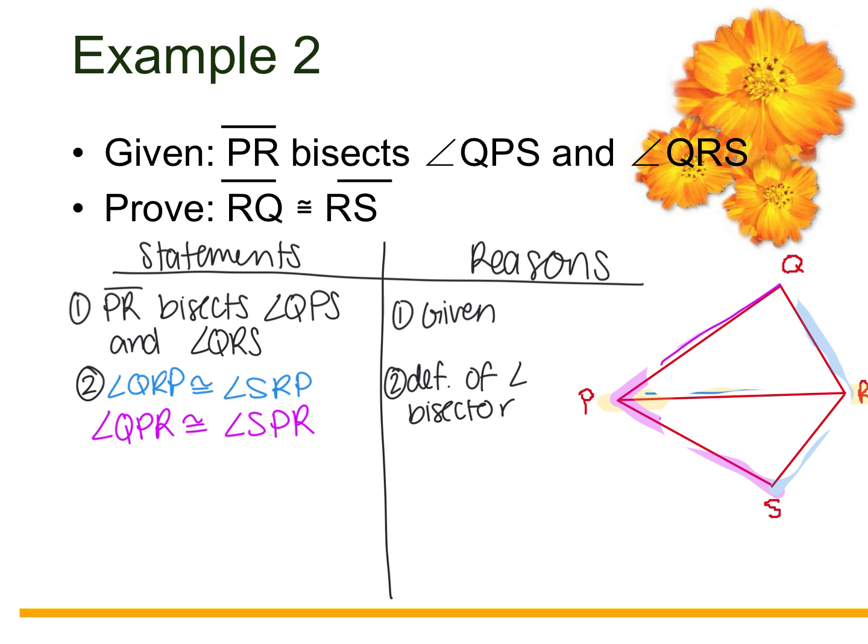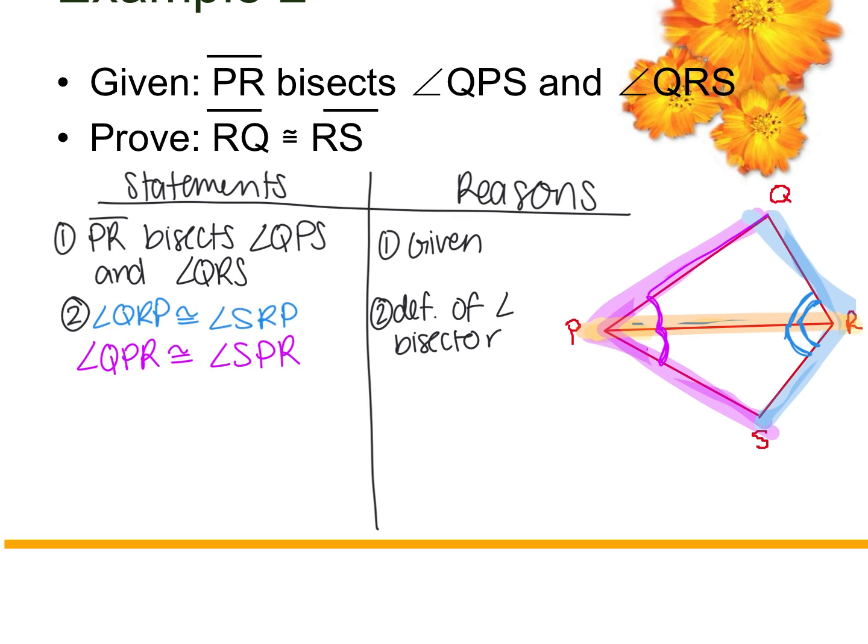This right here, and this was being bisected right here in the middle. So that makes this angle congruent to this angle. And this angle, I'm using 2 because this should be a different measure, is congruent to this angle. Is there anything else that I can tell is congruent?